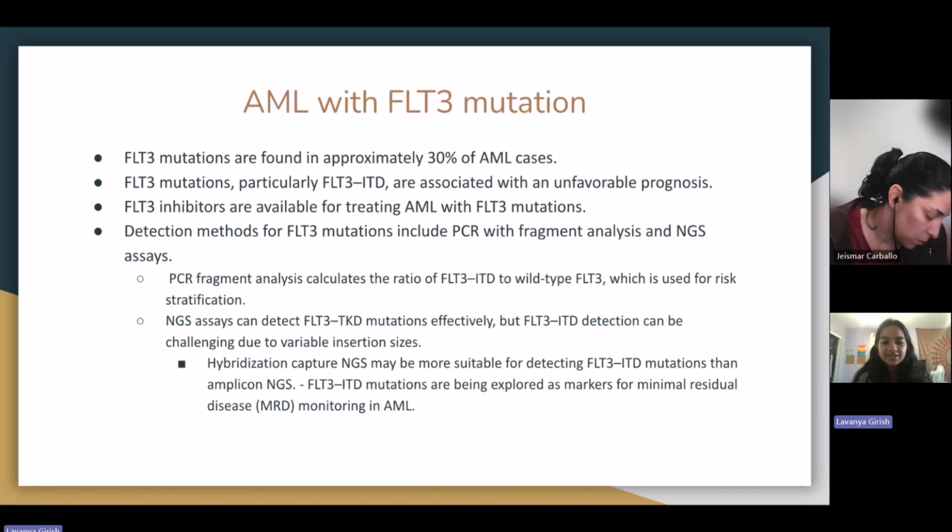The PCR fragment analysis calculates the ratio of FLT3-ITD to wild-type FLT3, which is used for risk stratification for the patient, and NGS assays can detect FLT3-TKD mutations effectively, but FLT3-ITD detection can be challenging due to variable insertion sizes. Hybridization capture NGS may be more suitable for detecting FLT3-ITD mutations than amplicon NGS.